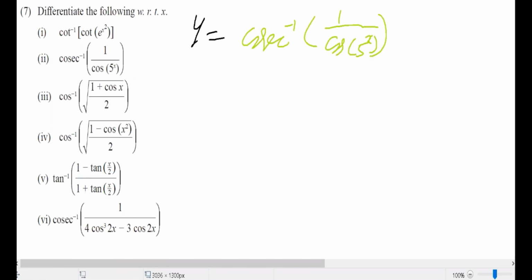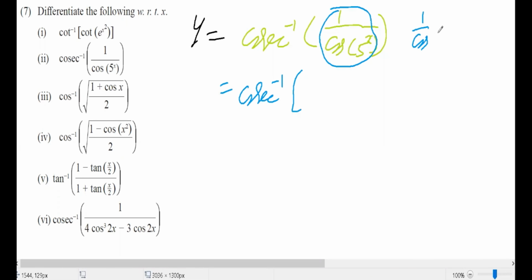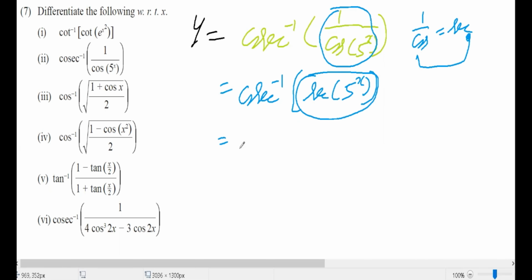Now you know what is 1 upon cos. 1 upon cos is nothing but sec. So I have to write here sec of phi to the power of x, but this is not cosec, so I have to make this as cosec. So what should I do?